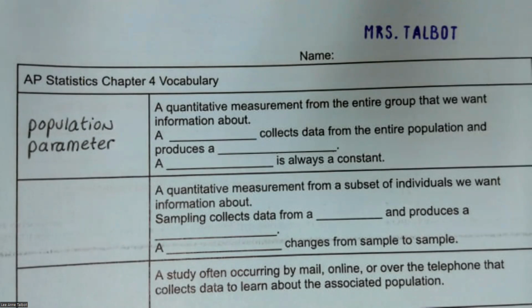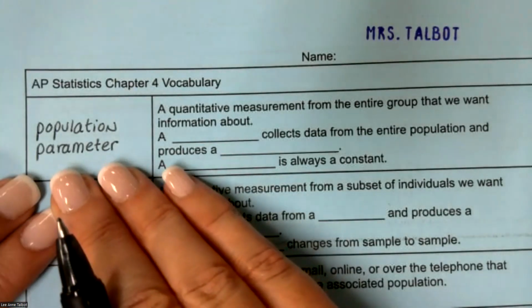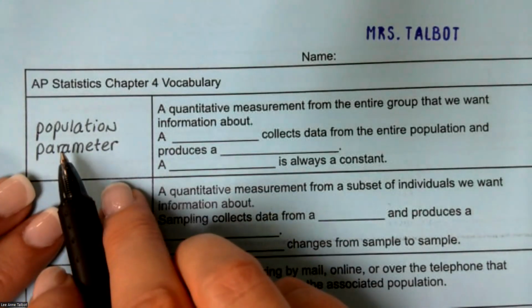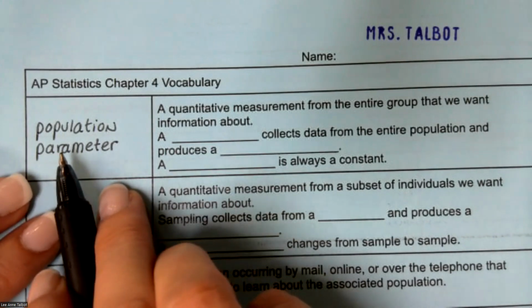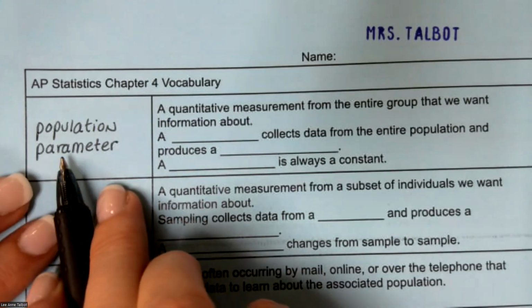Have somebody do that because that'll help you out a lot. From math class, I'm hoping that you know that a parameter means a constant. So the difference between a parameter and a variable: a parameter stays constant every time.